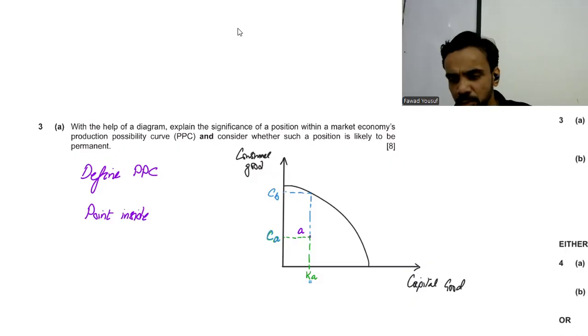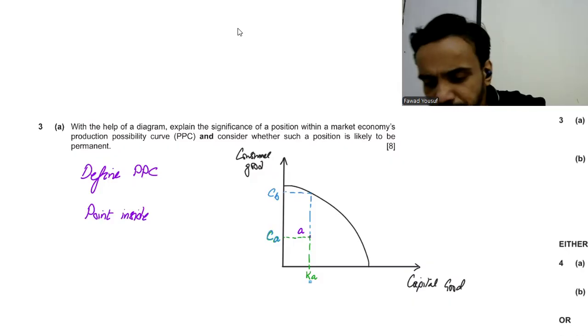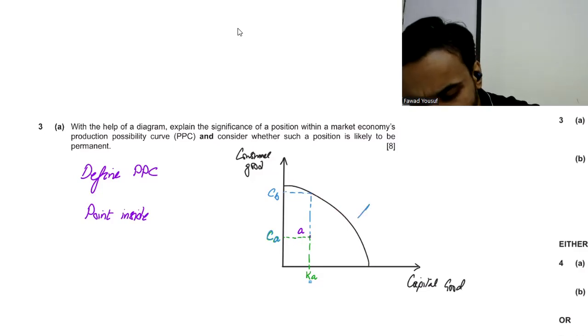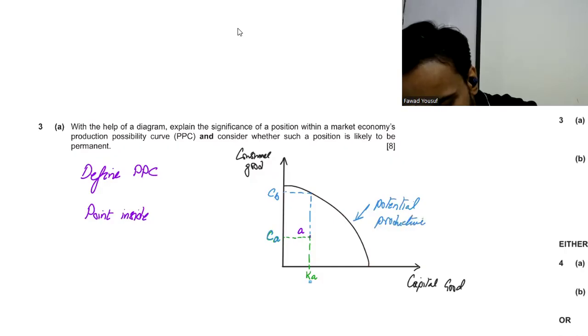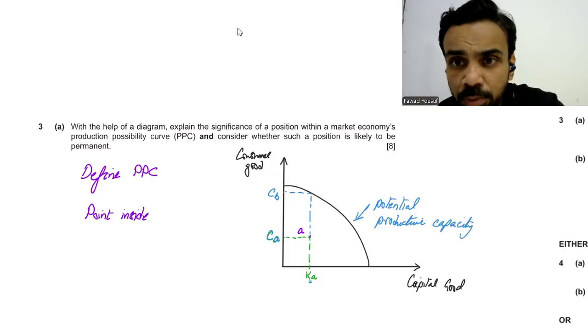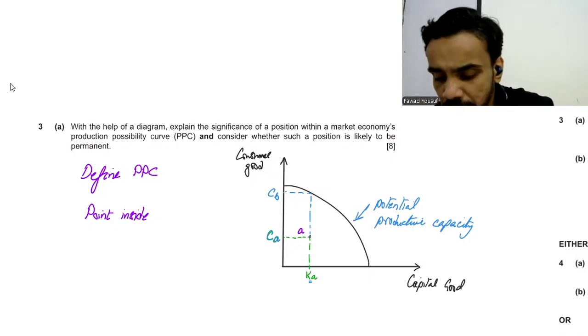So basically what we usually say is that any point on the curve shows your potential. Na? In another word, it shows your productive capacity. Now, whether the economy is producing at the productive capacity or not, there's a question mark there.